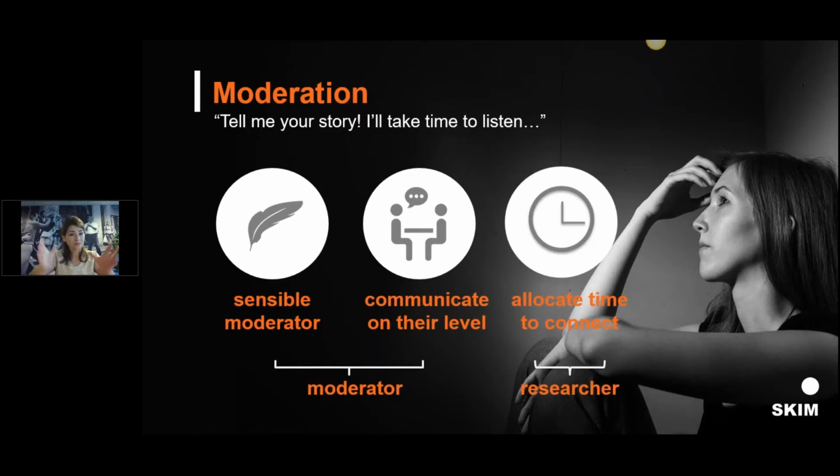I will start by looking first of all at the role of the moderator, and then at what I've called the role of the researcher in developing the discussion guide to create this context where the story is being told.